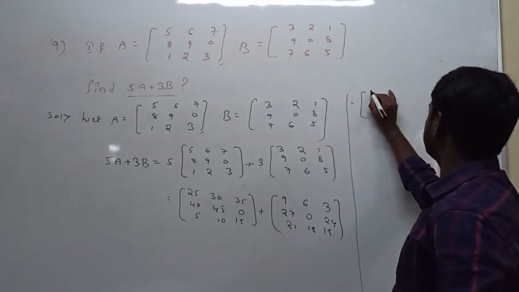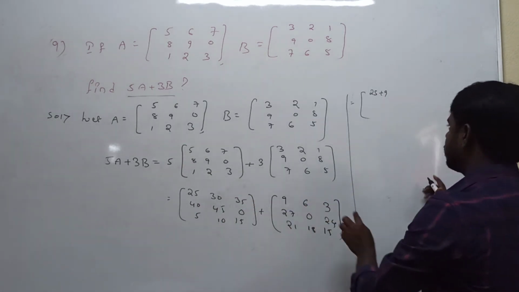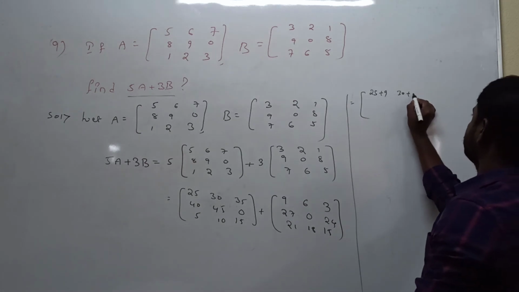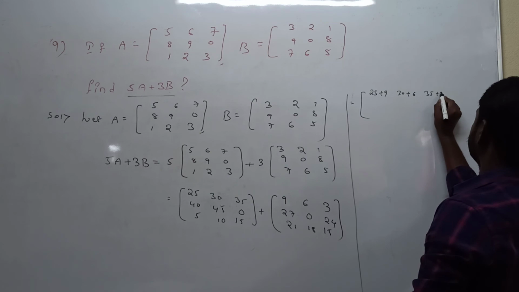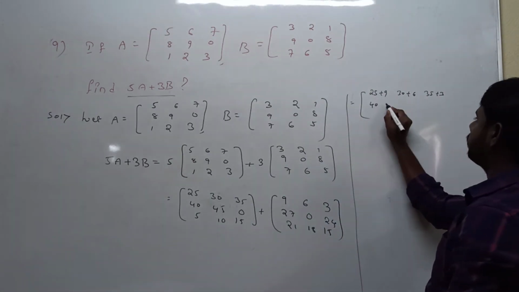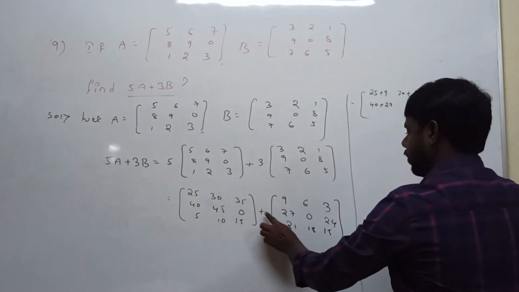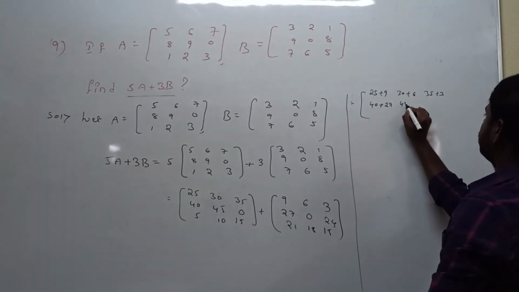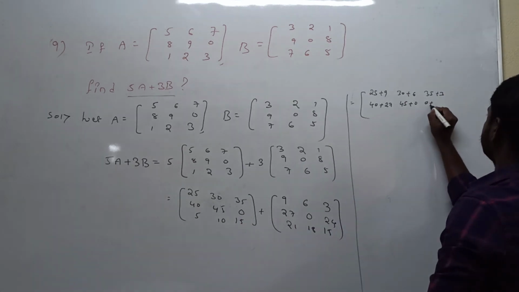25 plus 9, 30 plus 6, 35 plus 3. Next second row, first one 40 plus 27. Second row, second element 45 plus 0, 0 plus 24.